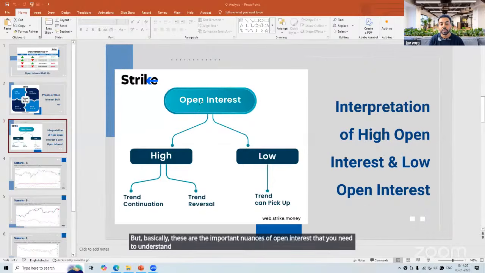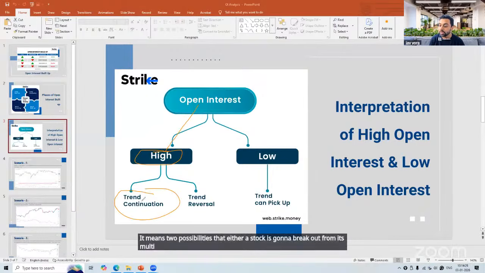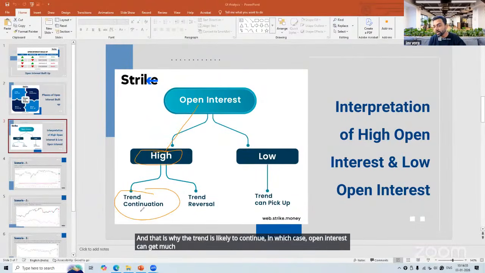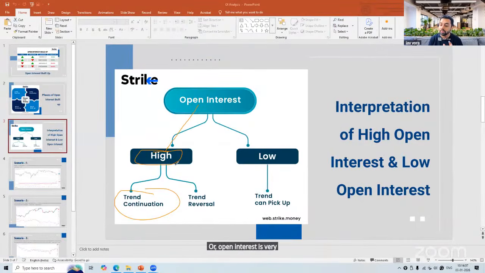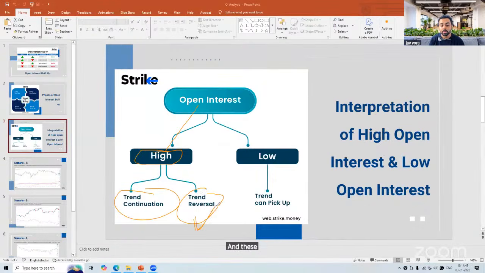When open interest is high, it means two possibilities: either a stock is going to break out from its multi-year range, and that is why the trend is likely to continue, in which case open interest can get much higher; or open interest is very high and the stock is at a medium to long term support that is going to lead to a trend reversal, and these are very rewarding opportunities.